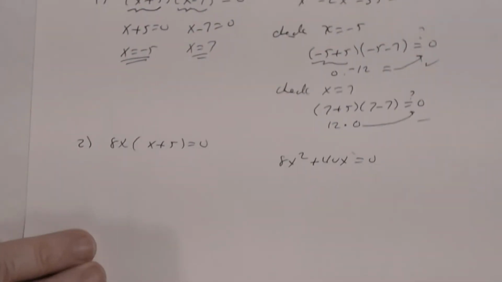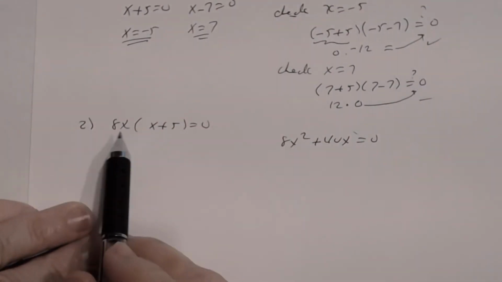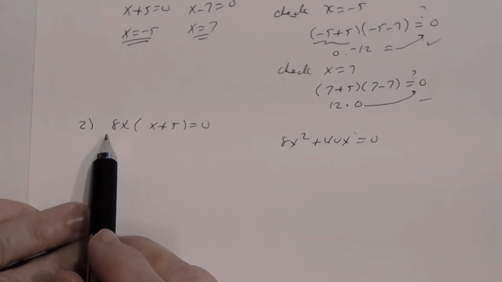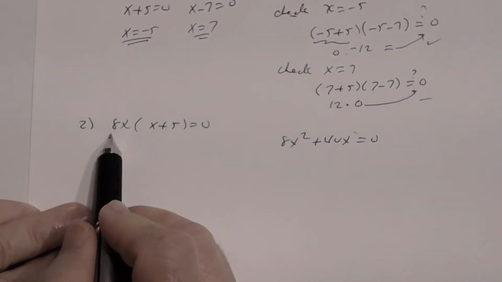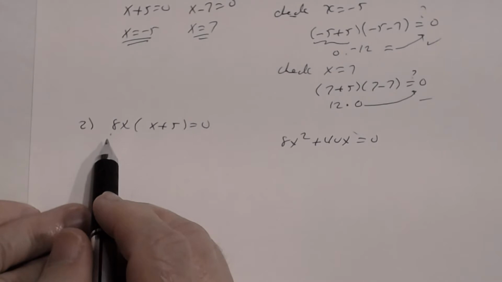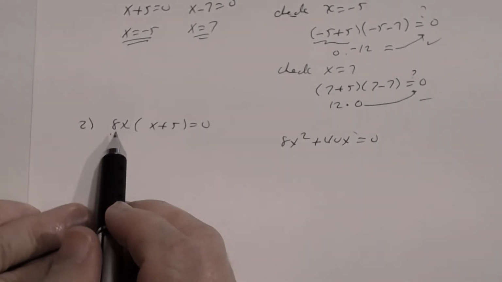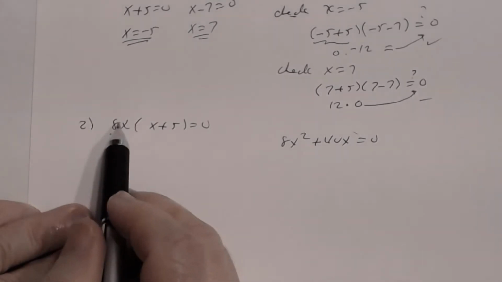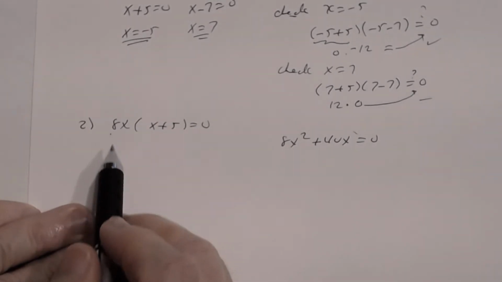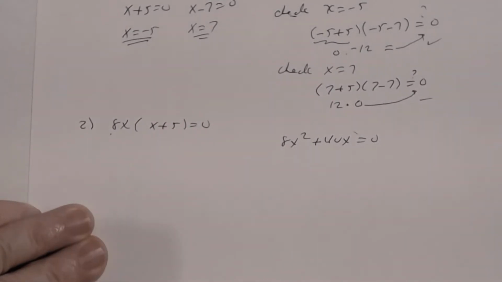Now, keep in mind though, if you look at your factors, there are really 3 factors. 8 is a factor. Remember, when you factor a polynomial, you write it as a product of factors. So 8's a factor, x is a factor, and x plus 5 is a factor. So there are really 3 factors.